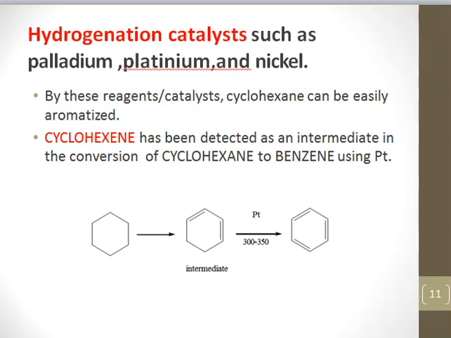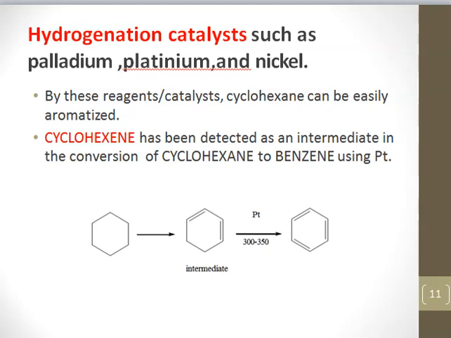So it has been found that cyclohexene is an intermediate in this reaction. Cyclohexadiene has also been detected as an intermediate in this conversion of cyclohexane to benzene. So we can predict that actually the reaction mechanism involves step-by-step generation of a double bond.